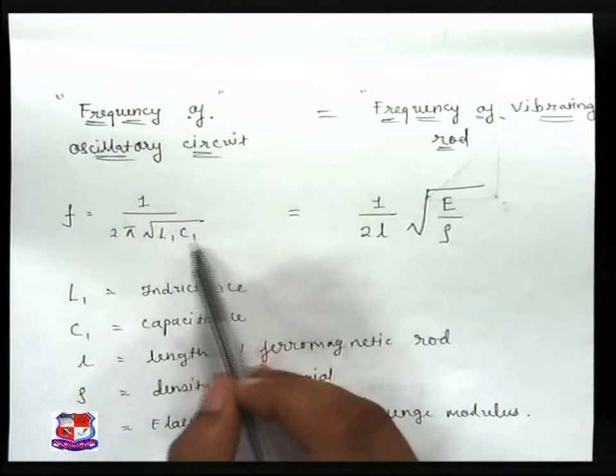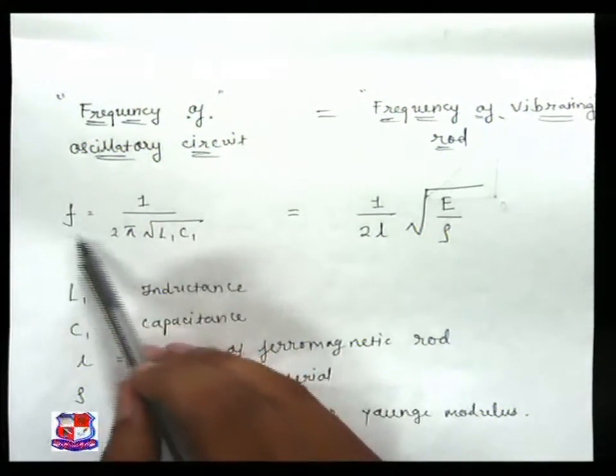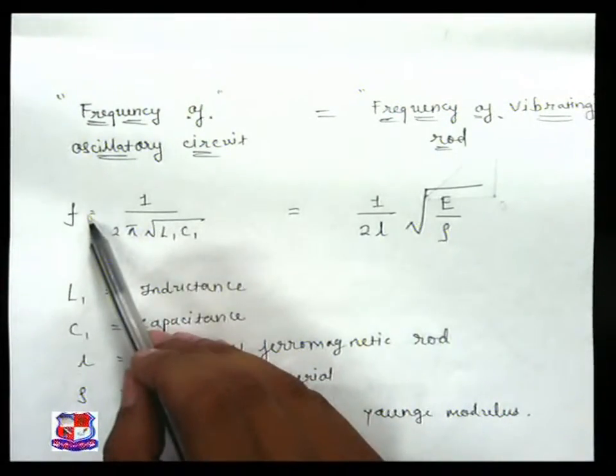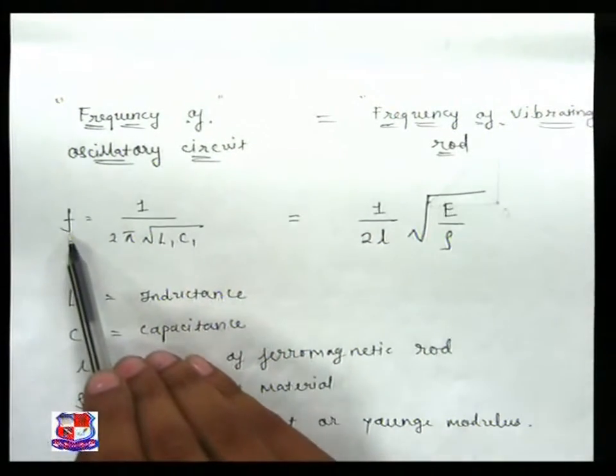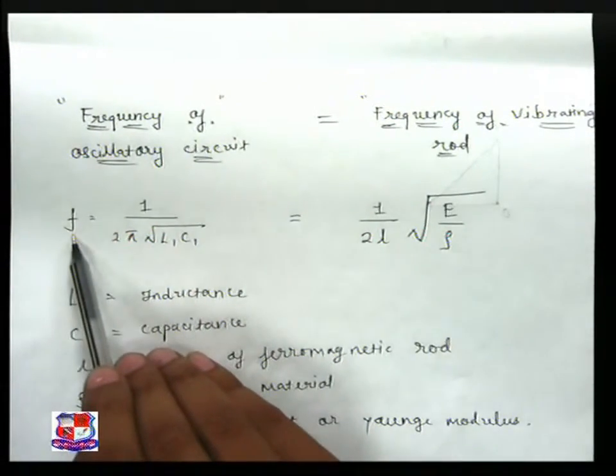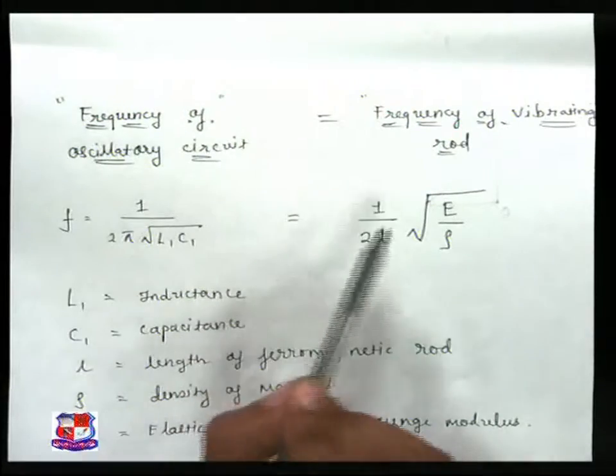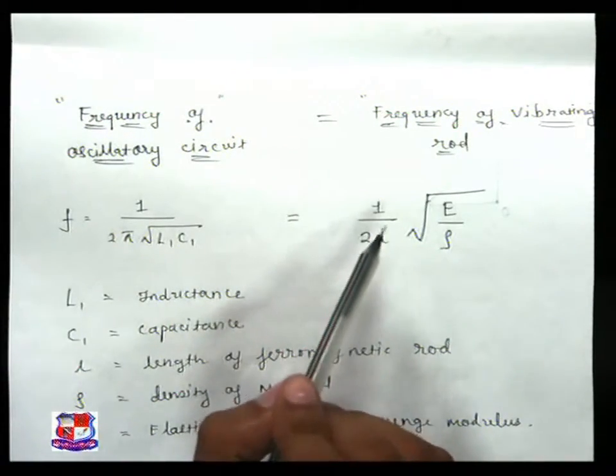By changing the capacitance, you can change the frequency of the oscillatory circuit. To create resonance, we should control the frequency of the oscillatory circuit so that it is equal to the frequency of the vibrating rod.